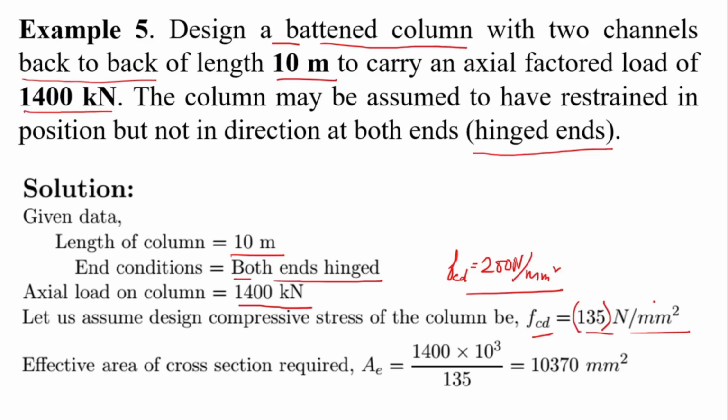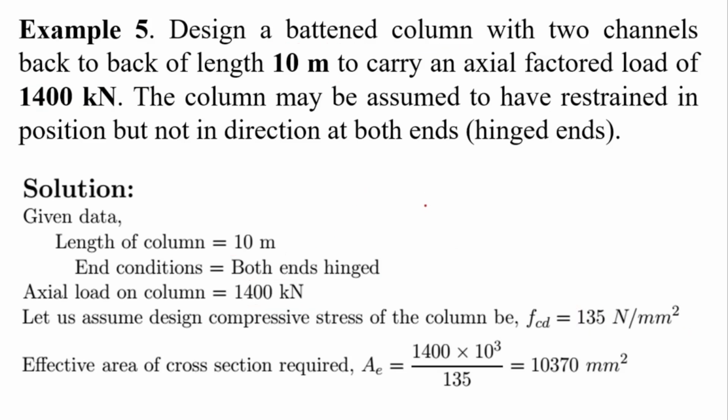Next, we have to calculate the effective area of cross section required. We know that design compressive strength Pd equals effective area into design compressive stress fcd. So effective area equals Pd by fcd.